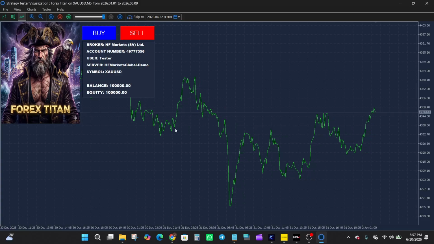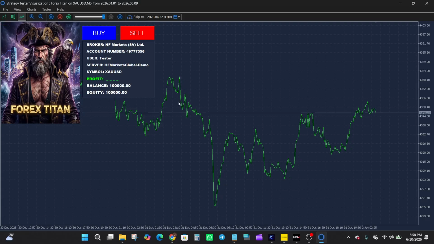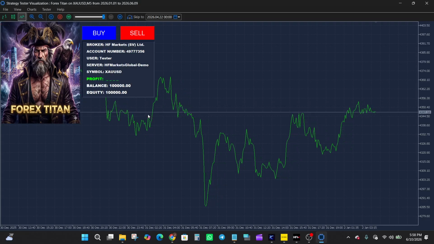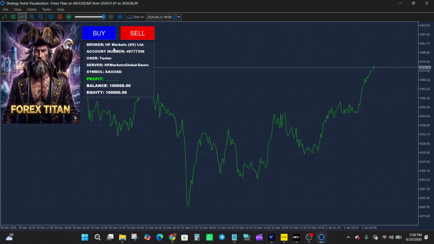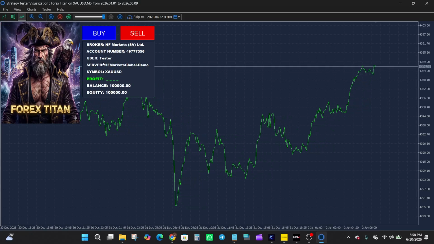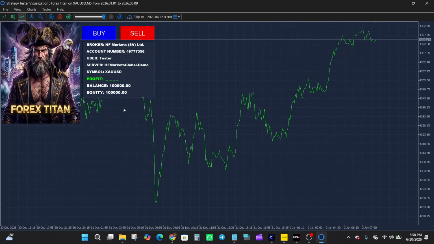So this is how the Forex Titan MT5 Expert Advisor looks like in action, right? We can see here the buy button, the sell, and then you can see the broker, the account number, the user, server, symbol, profit, balance, and equity.